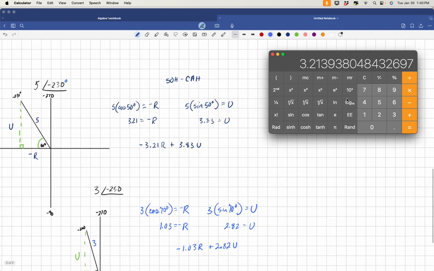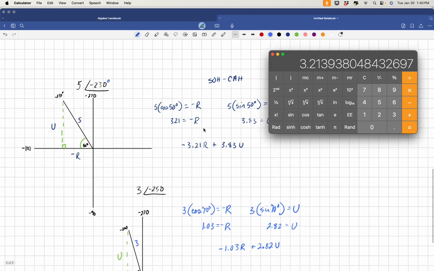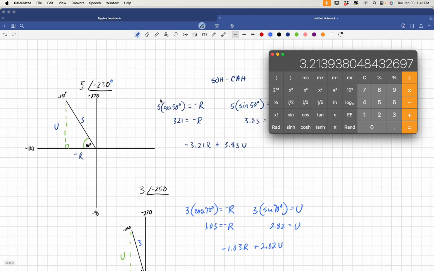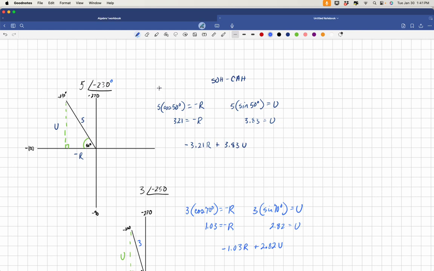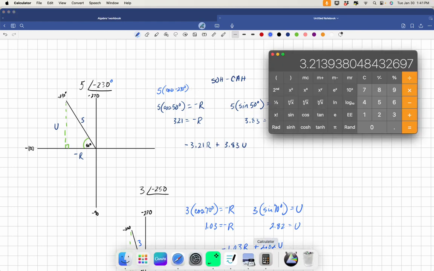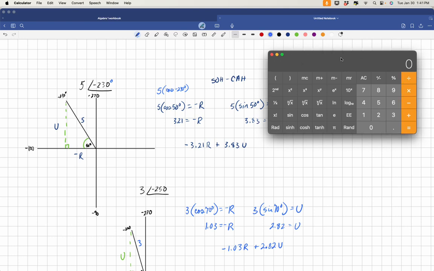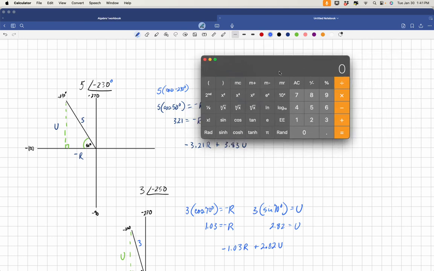Now for the U, well, before I move on to that, if you were to use 5 times the cosine of negative 230 degrees, you'd still get the same number. So I'm not sure what you're doing wrong there, whether it is just the way you're putting the buttons in, like negative 230 cosine times 5, it gives you negative 3.21.